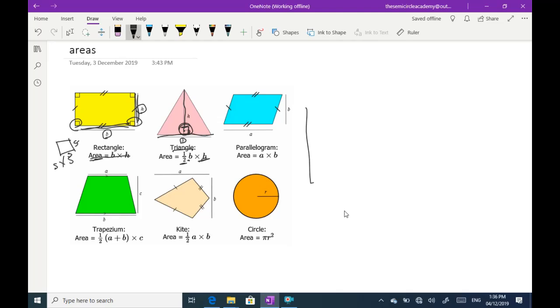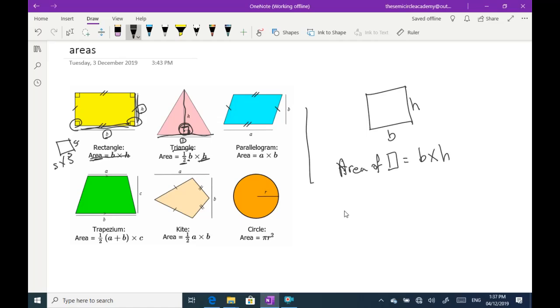Now the area of a triangle is just basically, if I had a square, and let's just say that this was B and this was H, right? So therefore the area of the square would just simply be B times H, right?